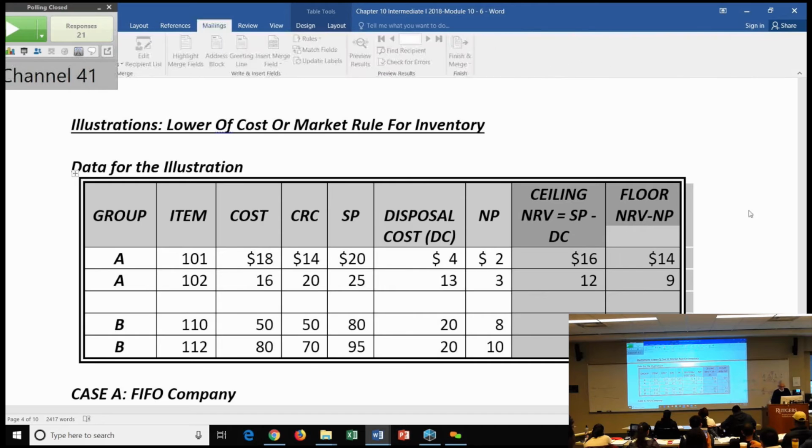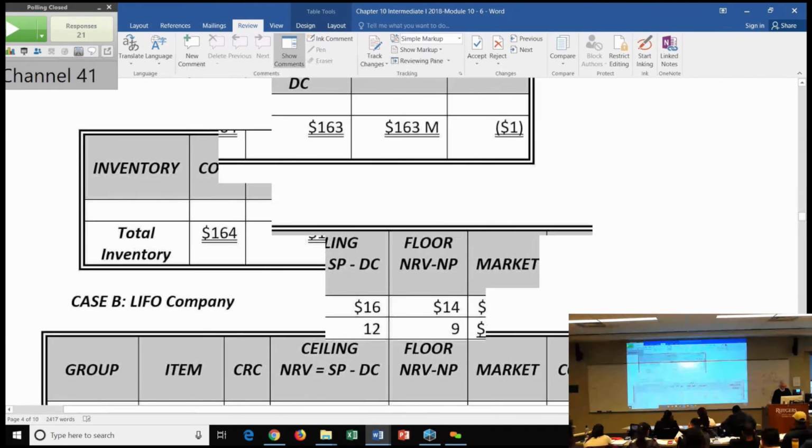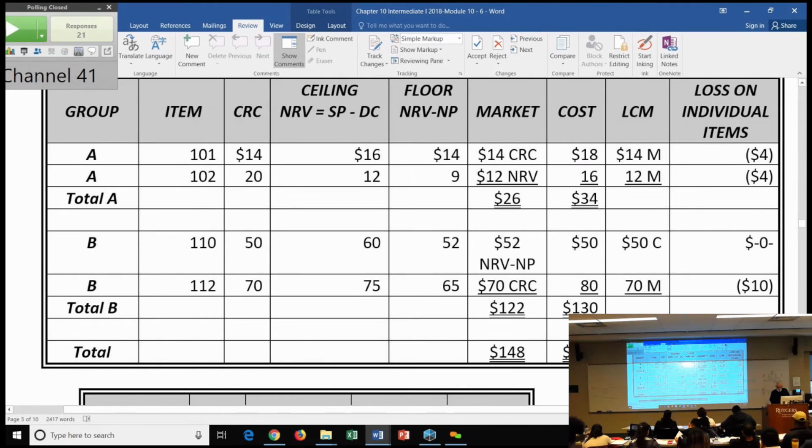So that when you go to the actual solution, we'll see that market again is 14, the 12, the 50, actually, is that right? Yeah, 52, and then the 70. So here's the market value. Now, comparing it to cost. So let's go to the 2 columns when we have to compare it. So here's market and cost.